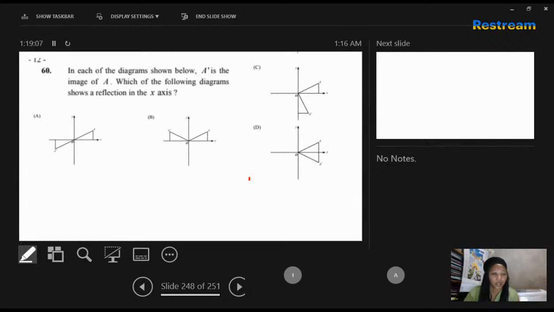So in which one is the x-axis the mirror line? This one. Yes, this is the mirror line cutting the image and the object in two.